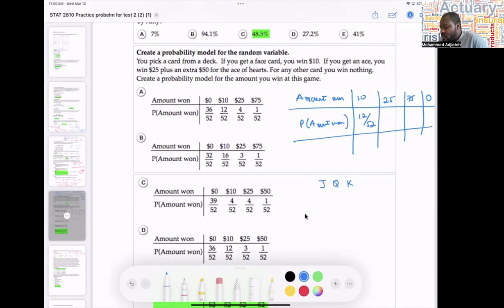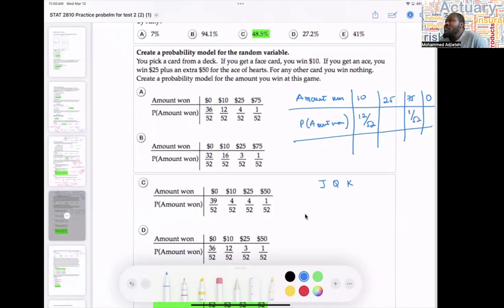Now, let's proceed. If you get an ace, you win $25, plus an extra 50 if you get the ace of hearts. So let's do the ace of hearts first. What's the probability of you picking the ace of hearts? Ace of hearts is just 1, so that gives us 1 over 52.